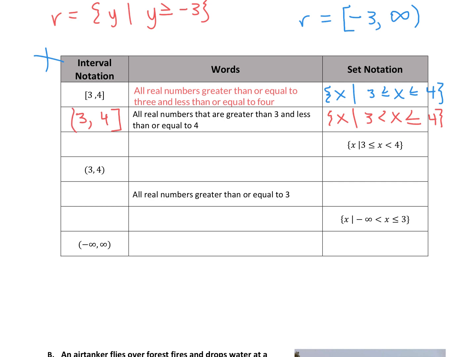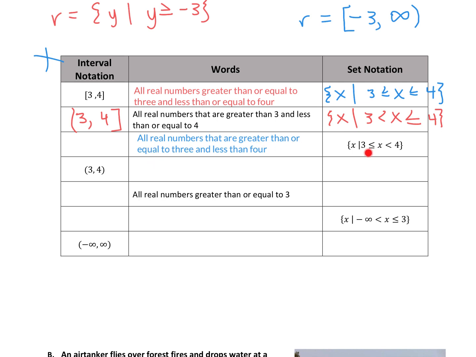Okay, next one. The set of all x's such that 3 is less than or equal to x, which is less than 4. So in words, here's what this is saying. Our domain will be all real numbers that are greater than or equal to 3.